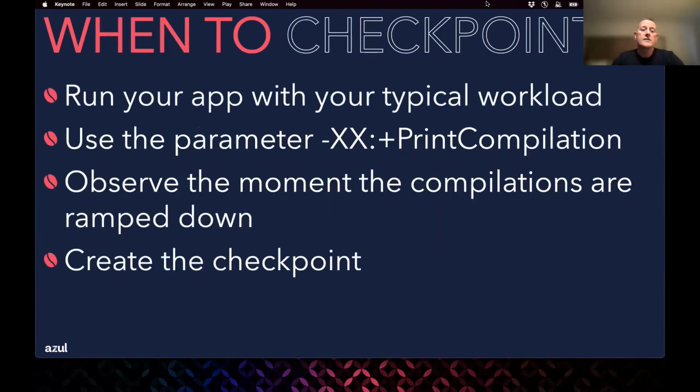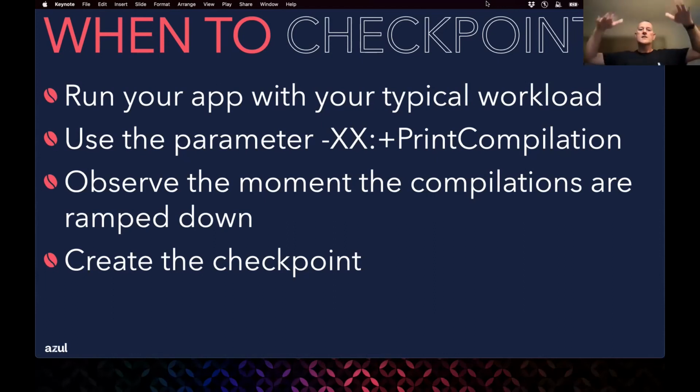So the question is when to do the checkpoint, right? There is some idea that we have for how you can do it. It's just an idea, and we use that, and it works, but this really depends. So what we do, if we do demos, is run the code and use the parameter -XX:+PrintCompilation. It prints out all the compilations that are going on.